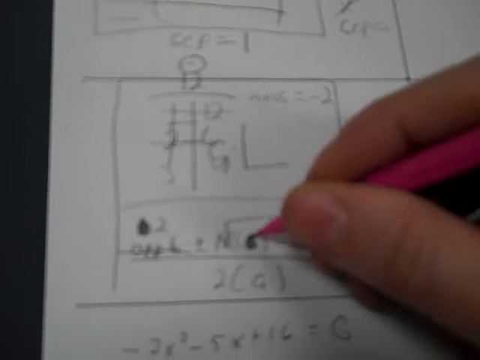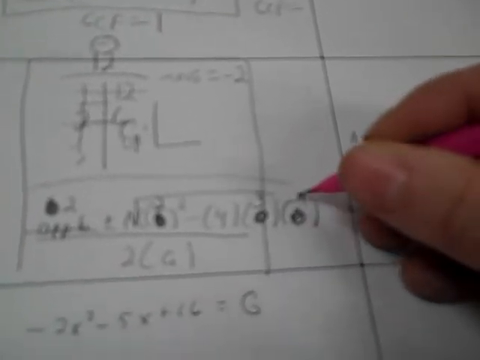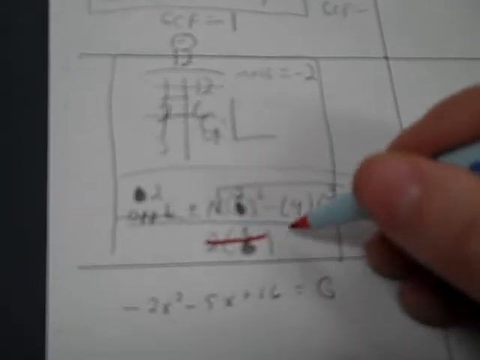Okay, B is negative 2. Okay, and then 4, and then A is 3. C is negative 4. Negative 4. And then A here, A is 3. So I take 2 times 3 on the bottom, and that's 6.